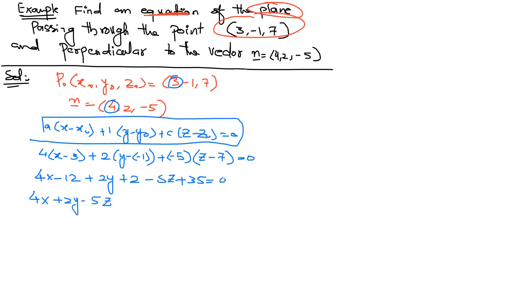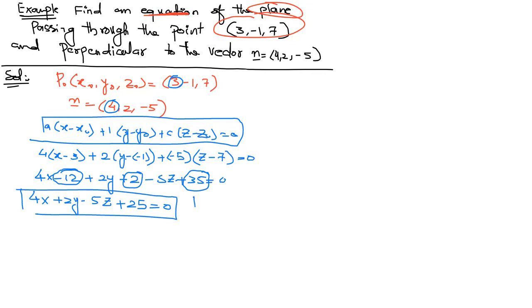What is left? Minus 12 plus 2 plus 35 gives plus 25, so 4x plus 2y minus 5z plus 25 is equal to 0. So this is the equation of the plane. Is this clear?